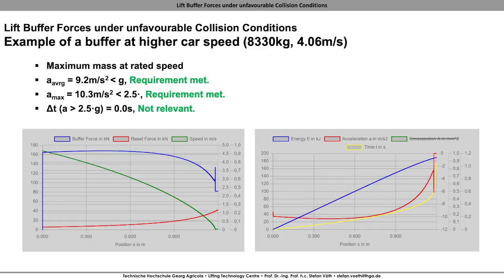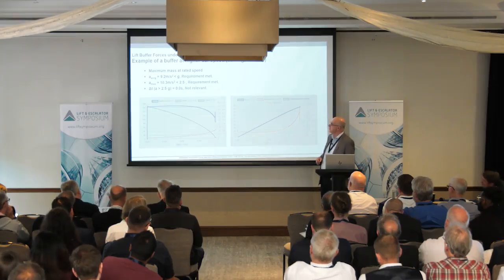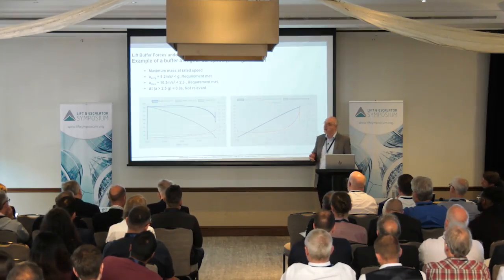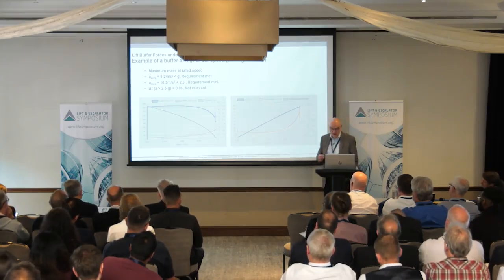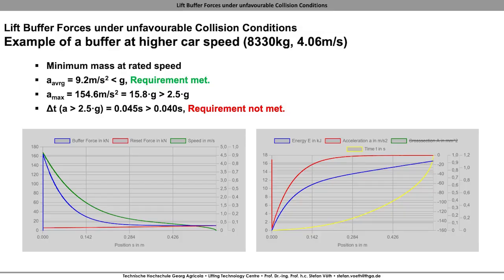Our lift at 4 meters per second. At maximum mass and rated speed, the buffer should be okay, and it is okay. And this is the picture for the minimum mass.